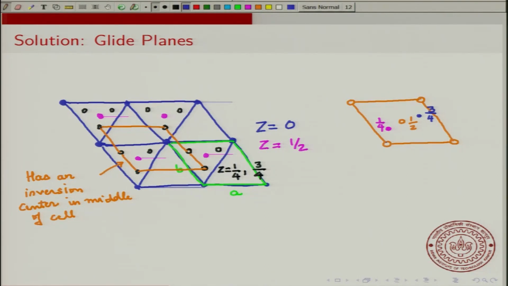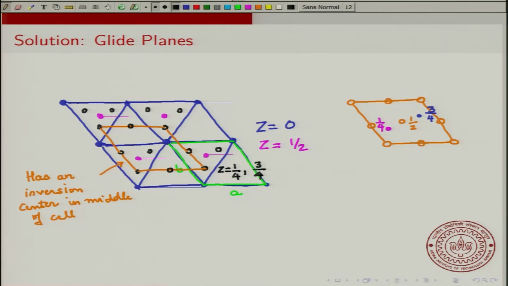This is what we'll use to show the symmetries. Let me show the other inversion centers. There are also inversion centers here, and here, and here. I should mention that there will also be an inversion center right here and right here in this cell.